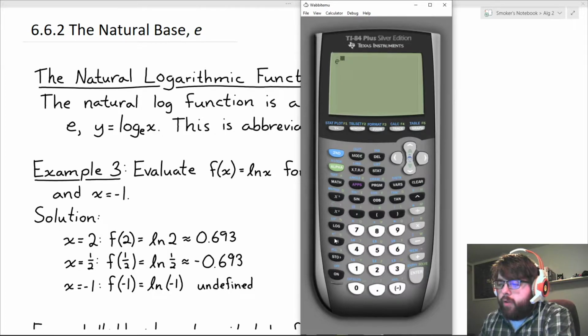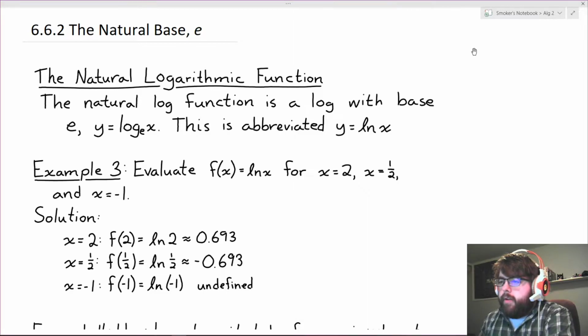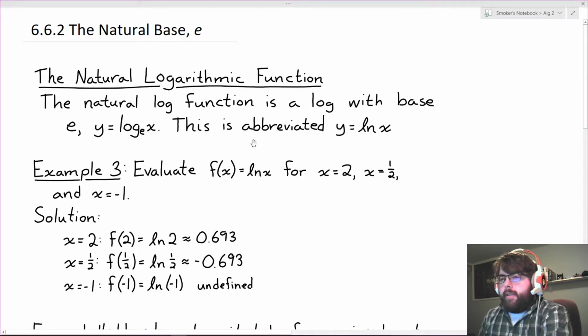They're pairing up the natural log with the exponential form of the natural log, using the second key. That's a little bit of a tangent, sorry, but my whole point was that the ln button is log base e. So we're going to use that in this section.